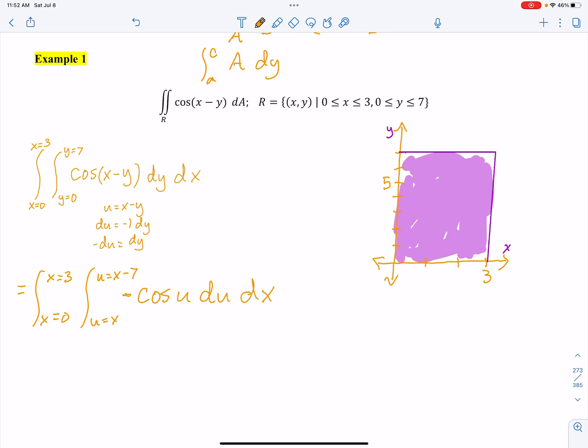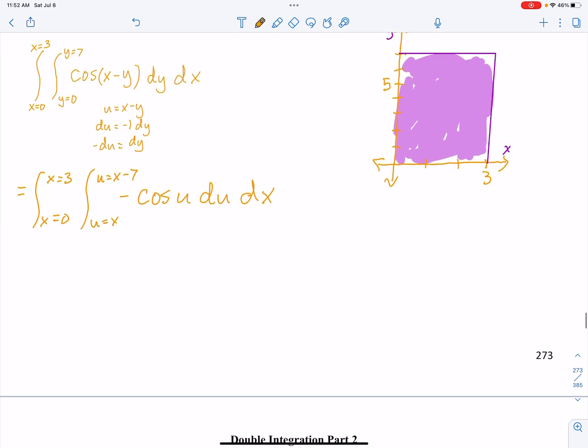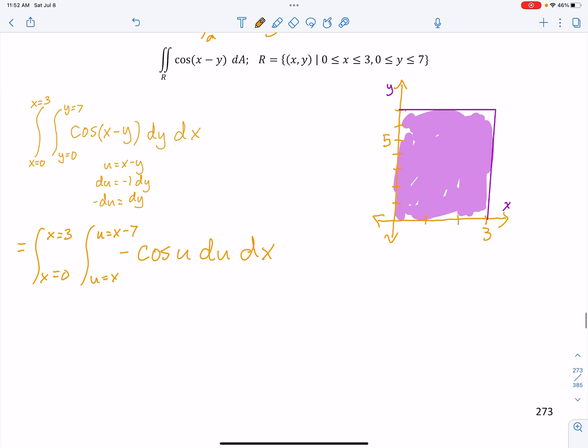I'm not even going to go back to y. You can do that, just depends on how you learned it, what you were comfortable with. I don't care how you approach it, just that it's correct. Okay, so x equals 0, x equals 3, nothing happened with that. So now I'm going to take the integral of negative cosine. Okay, negative cosine is going to be negative sine u.